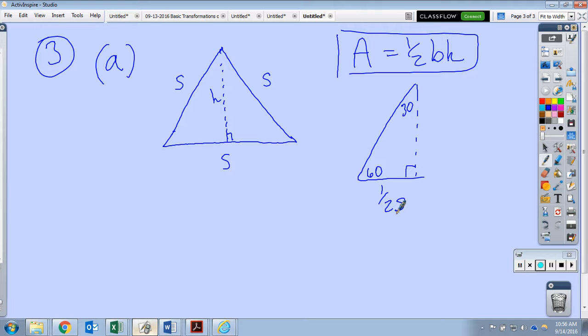This is twice this, and this side is square root of 3 times larger, so this should be square root of 3 over 2 S. If this is X, this is 2X, and this is square root 3 X.